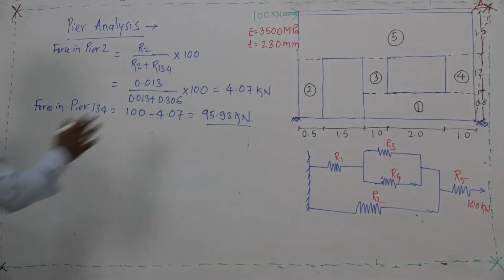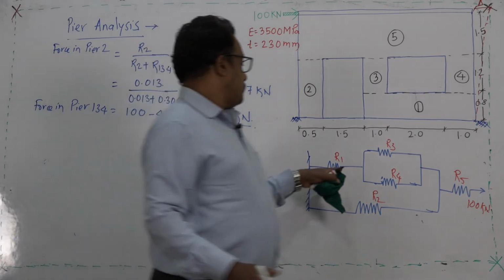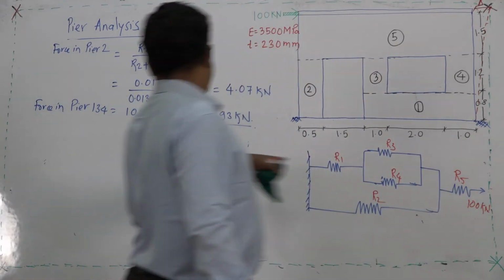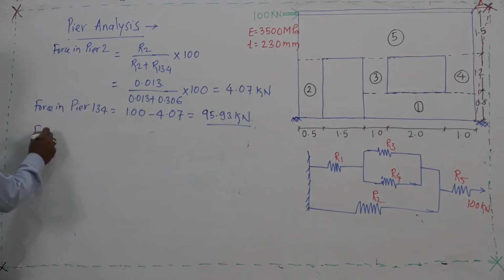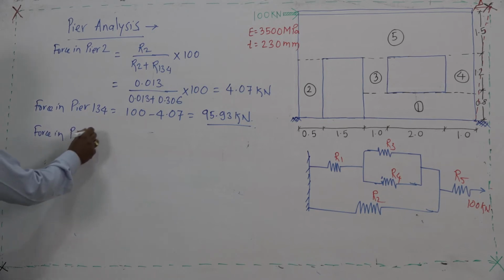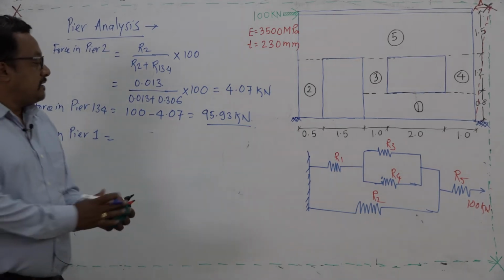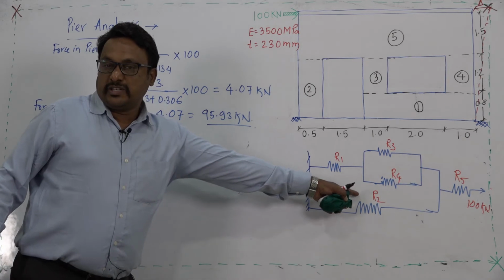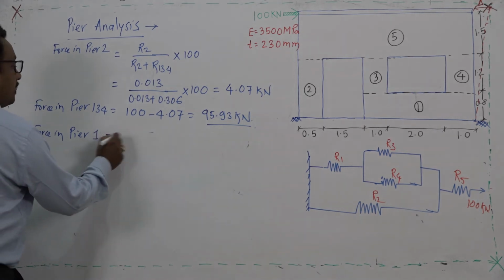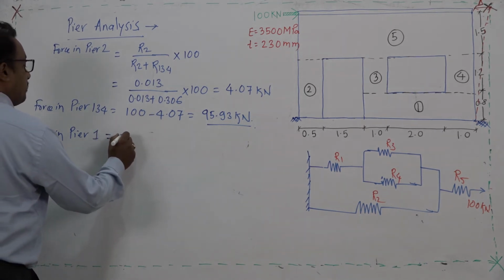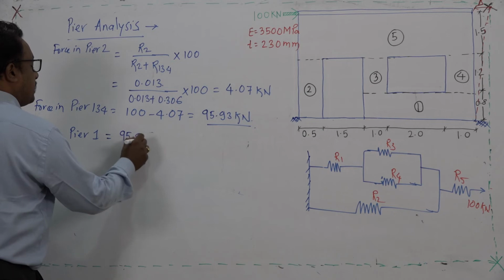Now, what will be the force in pier 1? The force in pier 1 will be the effective force we get by subtracting the contribution of R2. That will be the net force carried by R1. So, R1 or F1 you can say will be the same as the force in piers 134, that is 95.93 kilonewton.